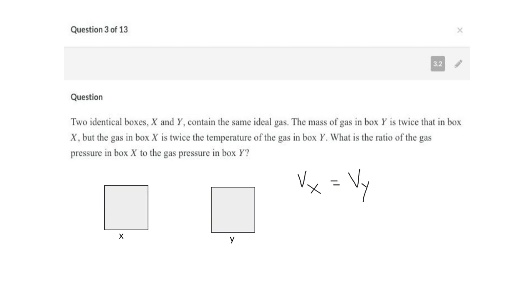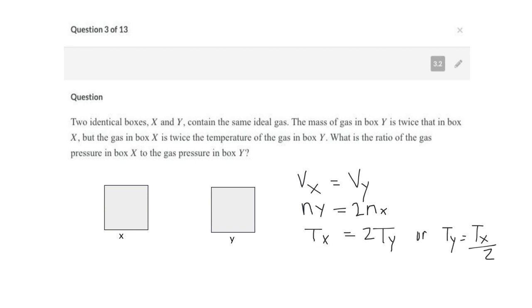We know that the number of moles of box Y is twice that in box X, because the mass of gas in box Y is 2 times the mass in box X. Okay, so we're going to write an equation for that. We also see that the gas in box X is at twice the temperature of the gas in box Y. So let's write that as an equation.